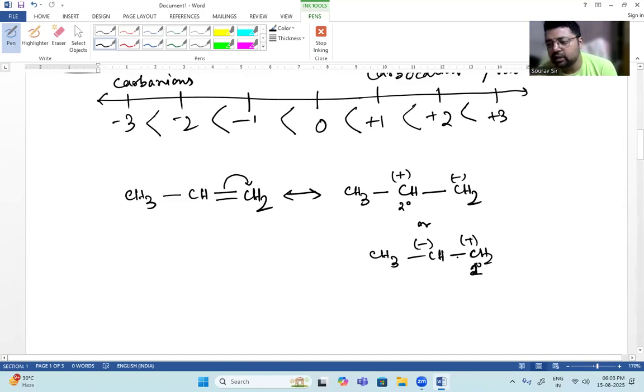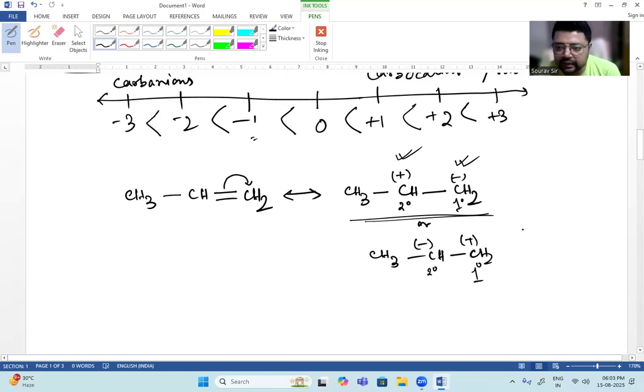Between 1 degree and 2 degree, which is more stable as a carbocation? You can go for the stability number line. The 2-degree carbocation is more stable. And between carbanions, the 1-degree carbanion is more stable than the 2-degree. So this structure will occur predominantly.